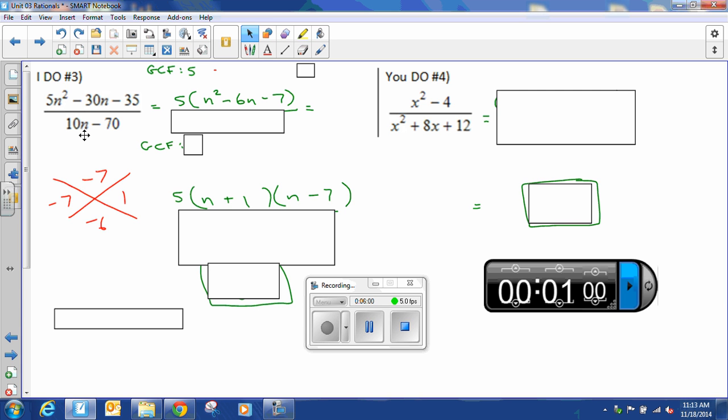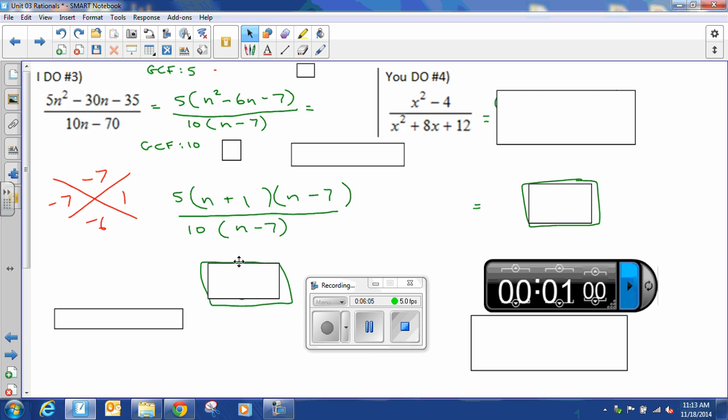The denominator has a GCF of 10, so I can take that 10 out, and I'm left with n minus 7. Now, if we look at this large fraction here, we have n minus 7 and n minus 7, which can be canceled out.